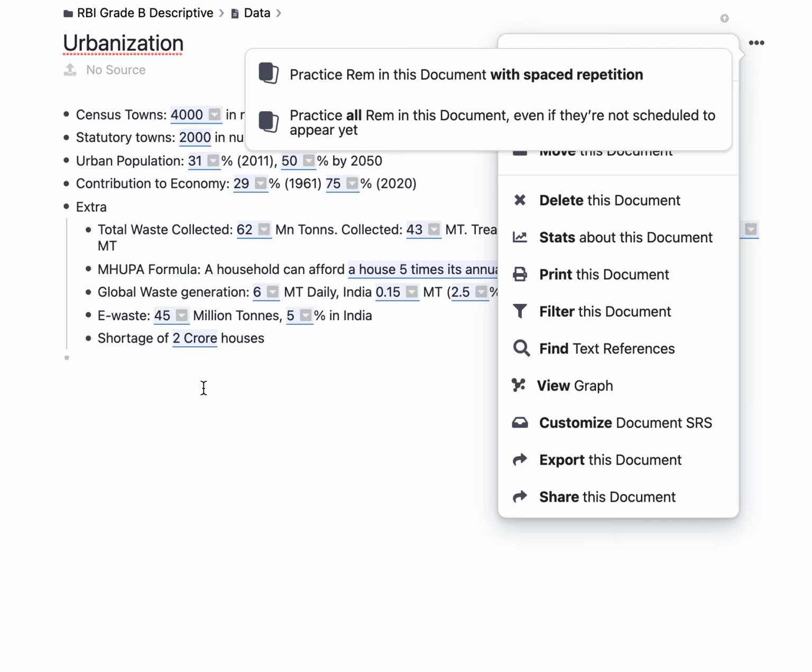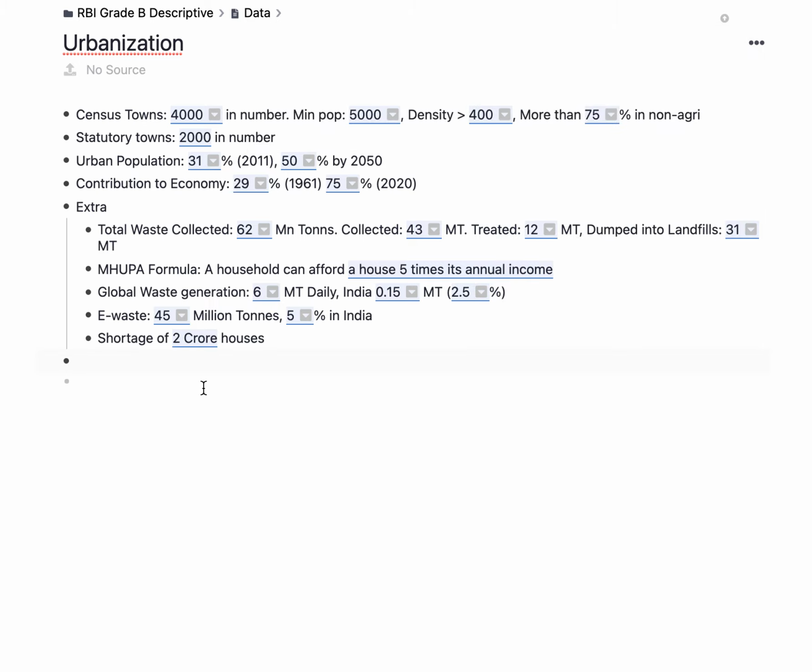Now there is one question that arises: what exactly is a RAM? All these data points, each one is a RAM. This sentence is considered one RAM, this is considered another RAM.